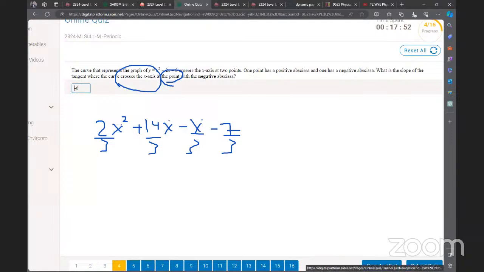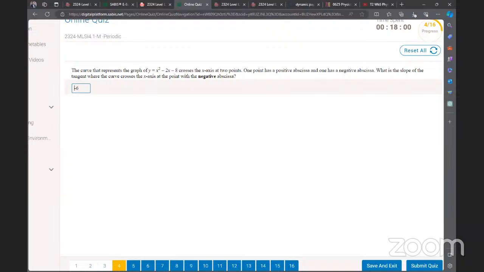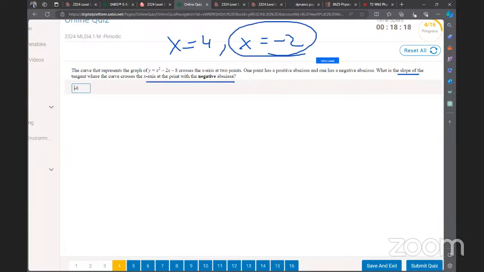Can you repeat how you did it on the calculator? Okay, wait. Here, x squared minus 2x minus 8. We have got x equal to 4 and x equal to -2. These are our x-intercepts, okay? So we need to know the slope of the line which is tangent at the negative x-intercept, which will be x equal -2.